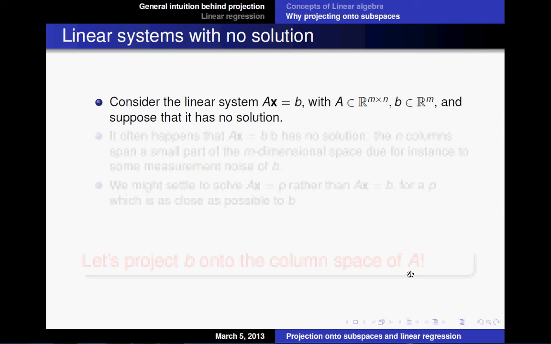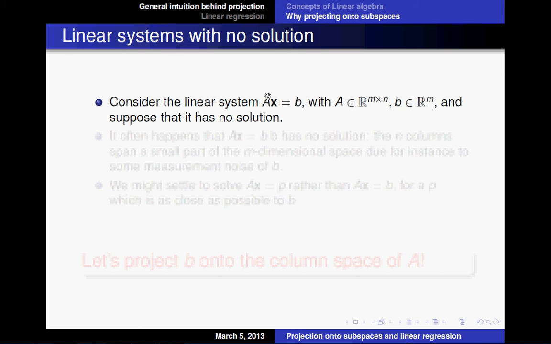The main reason we use projection is because sometimes we have a system of equations of this form. Suppose we have Ax equal b, and such a system might not have a solution, as sometimes happens. Suppose this system has no solution.